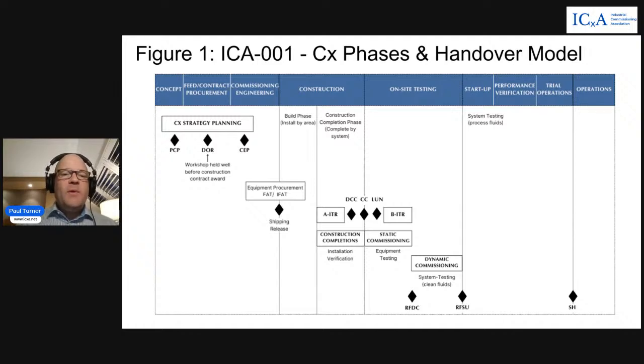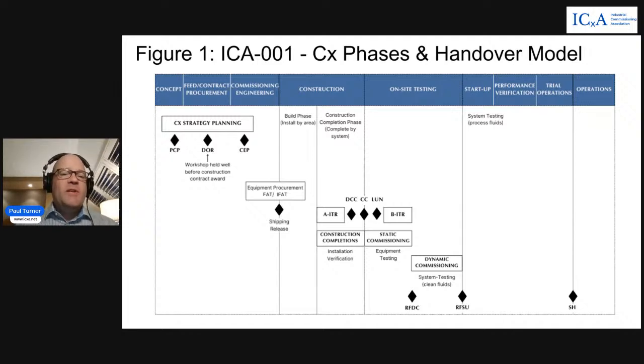So then during commissioning engineering, we'll be preparing our commissioning execution plans. This is a fairly significant document. It's a large document, can be written as one single document. More likely, it's broken out, referencing several sub-documents that go into our commissioning execution planning.